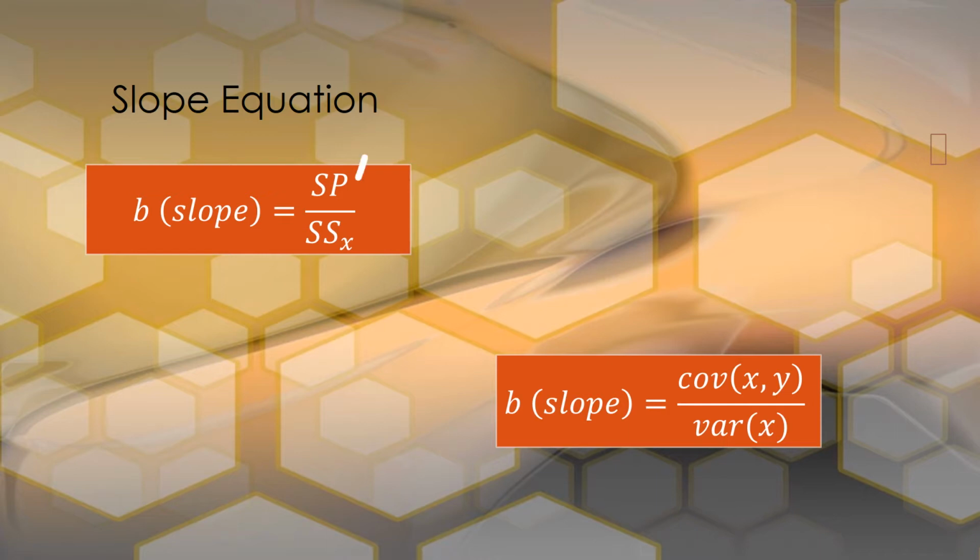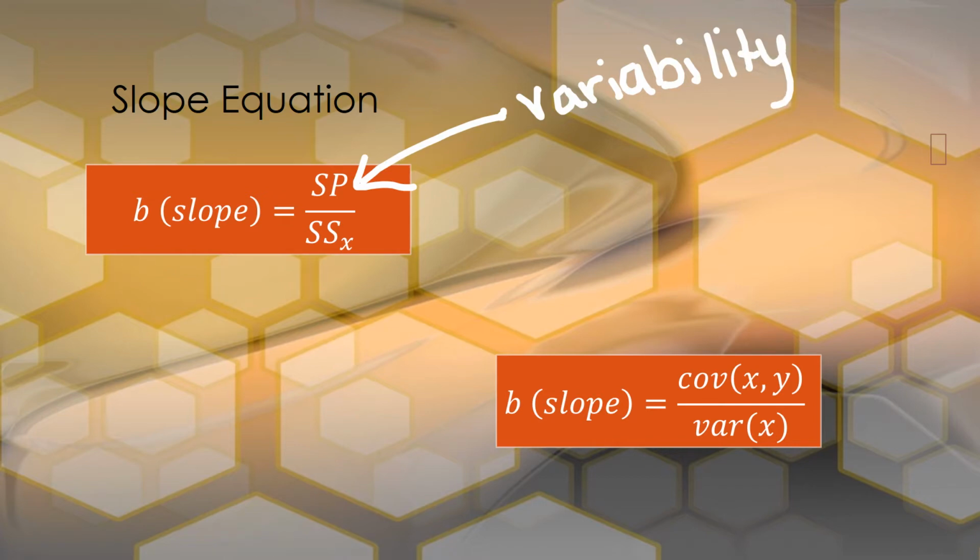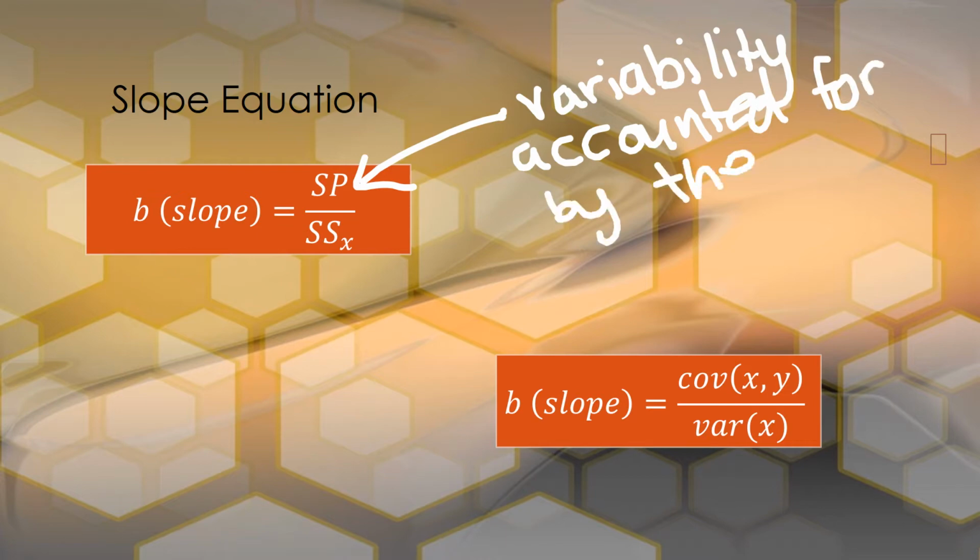And kind of in a general form, to understand what this formula is doing, we're taking the variability accounted for by the relationship.